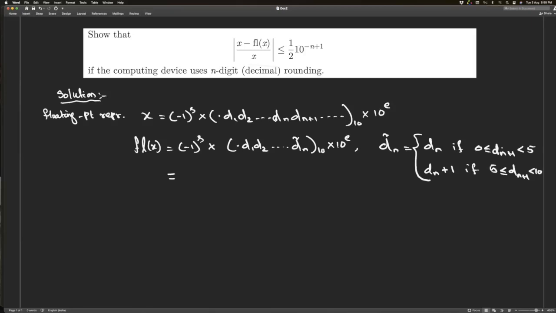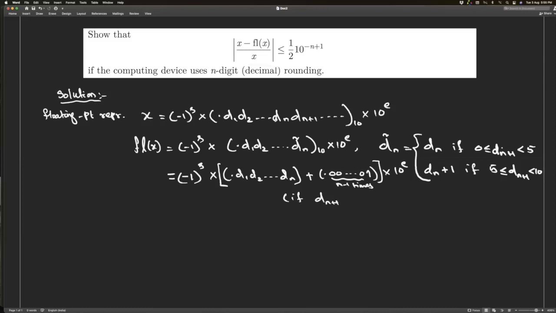Recall that this can also be written as minus 1 to the power of s into point d1, d2 up to dn, plus 0.000 with n minus 1 zeros and then 1, into 10 to the power of e, in the second case, that is dn plus 1 lies between 5 and 10, right? So just note this. Otherwise, it is just dn only, something like chopping.